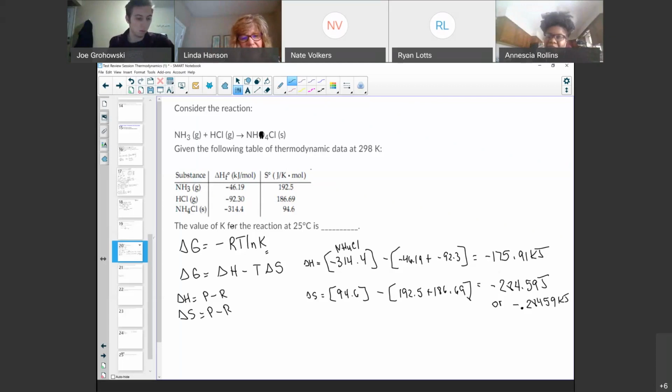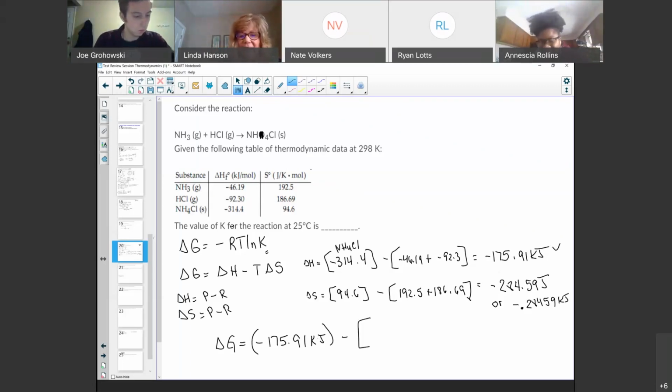Delta G can be found by taking delta H, which we just determined here is an exothermic value of negative 175.91, minus 298 Kelvin times negative 0.28459. That's plenty of decimals, I'm sure.